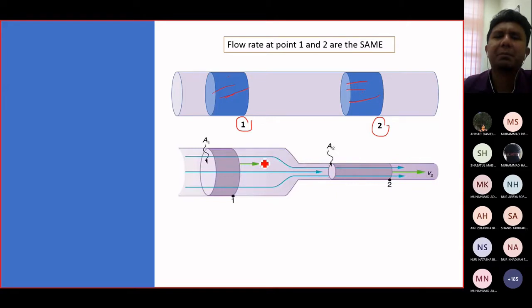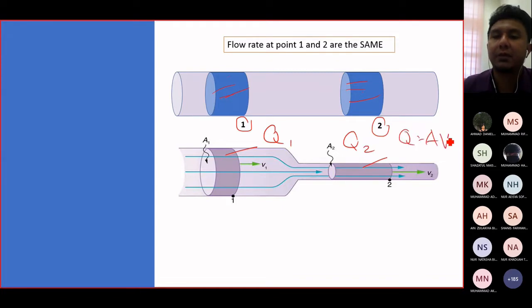But if the pipe is like this, then maybe we think it will be a bit different. No, it will be the same. Why? Because mass is conserved. That is the concept here, of course in ideal condition. Area is changed, but Q is the same: Q1 equals Q2.